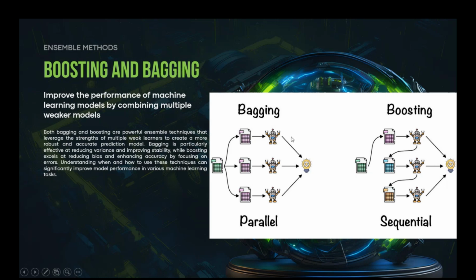Bagging starts by creating multiple subsets of the training data. The concept that we use for doing this is bootstrap sampling. Using the bootstrap sampling technique, we create samples of the main data, where each subset is generated by randomly selecting samples from the original data set, with replacement. That means that when it creates the second data set, it could include data from the first data set as well, right?